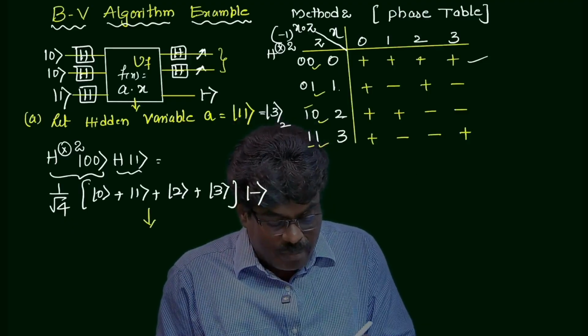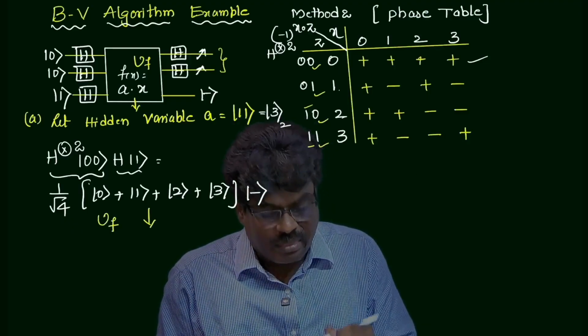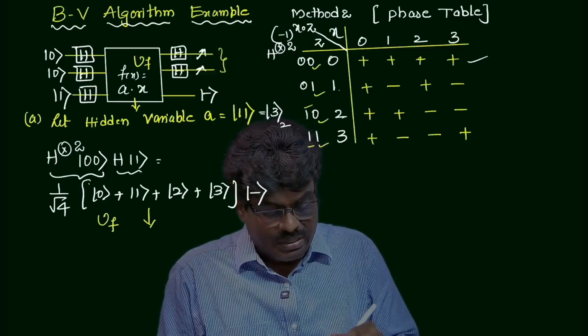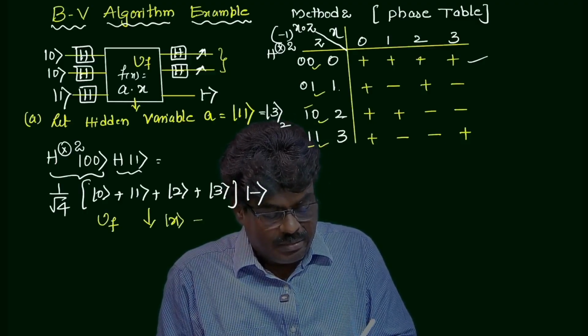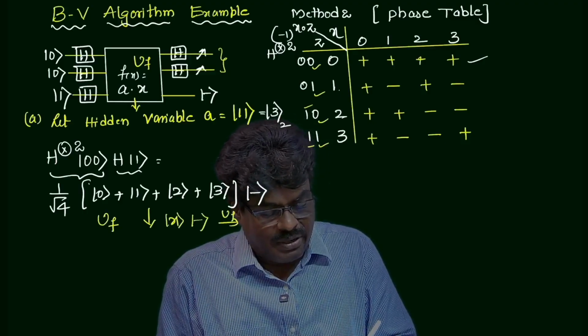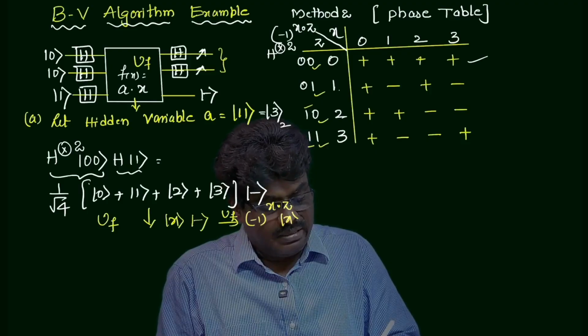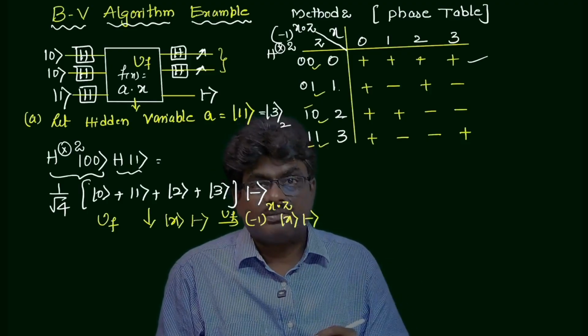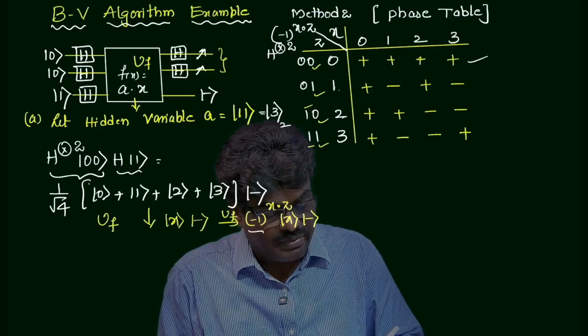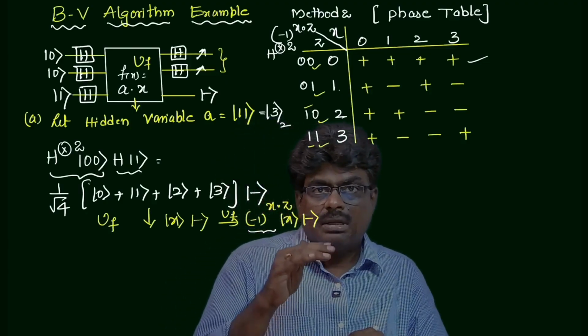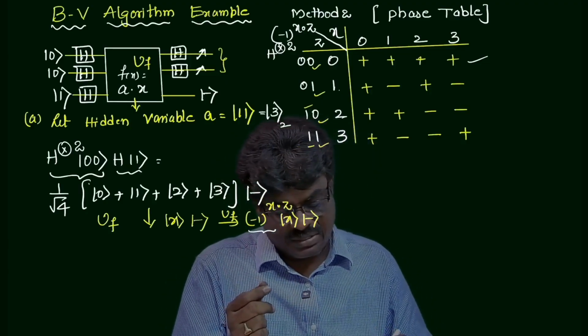Now we are going to operate this U_f, this unitary function. So what is this operation? Under this unitary operation, x minus becomes minus 1 whole power x dot z, x minus. So we will get some extra phase factor here, which transfers from the target register to the data register.